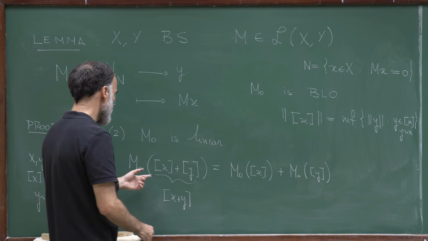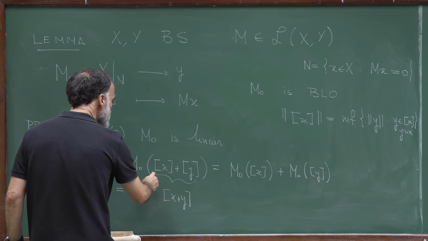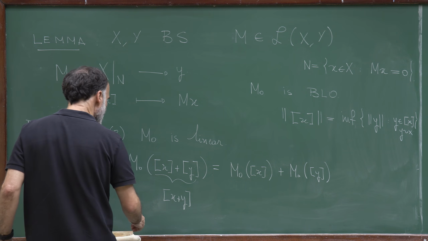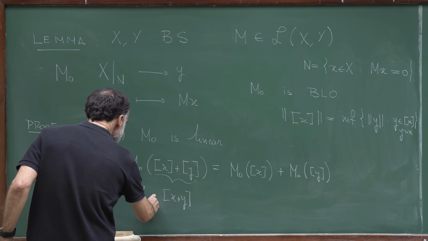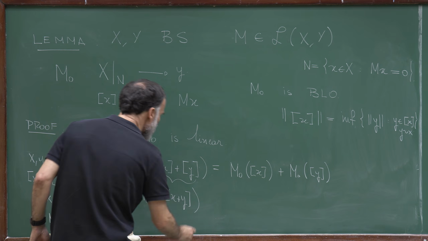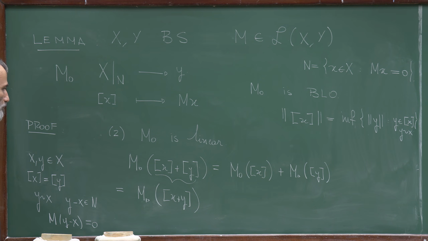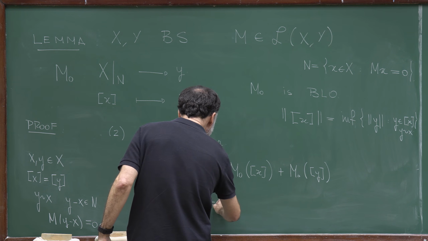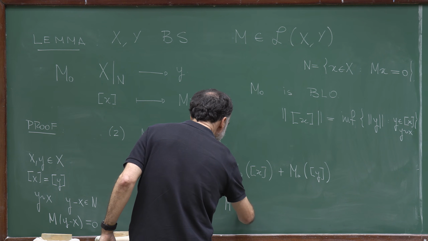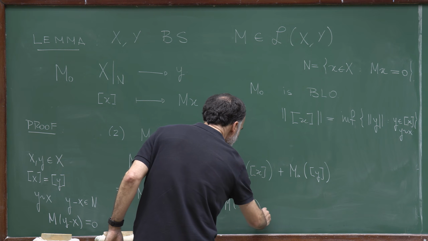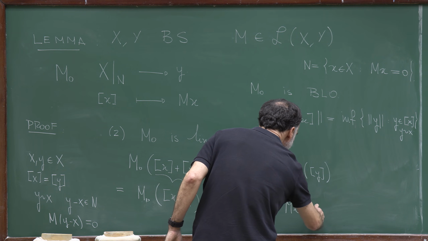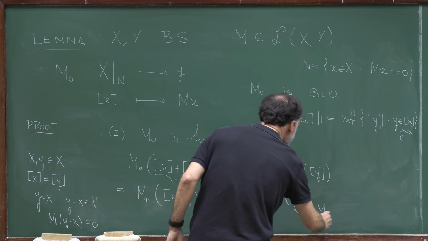So in particular, M0 of the equivalence class of x plus the equivalence class of y is equal to M0 applied to the equivalence class of x plus y. Now, by definition, this is equal to M(x plus y). By linearity of M, this is Mx plus My.